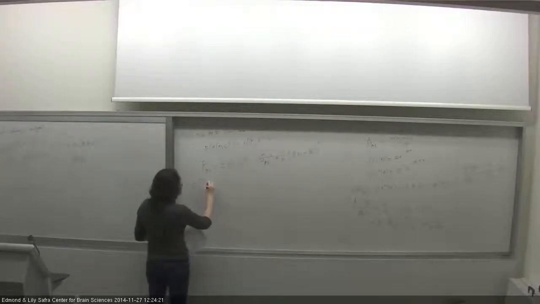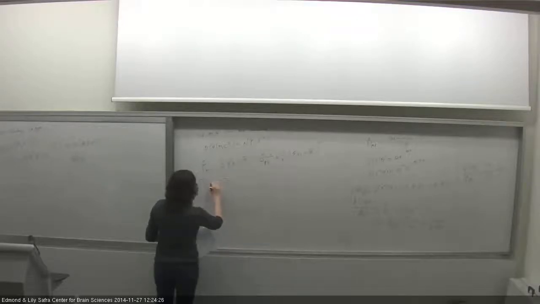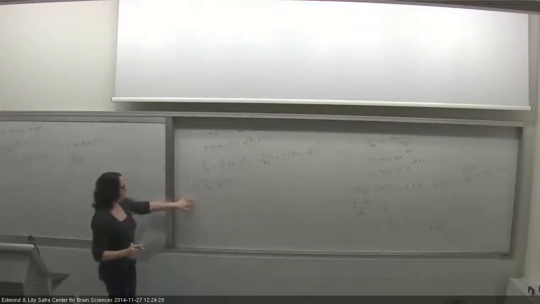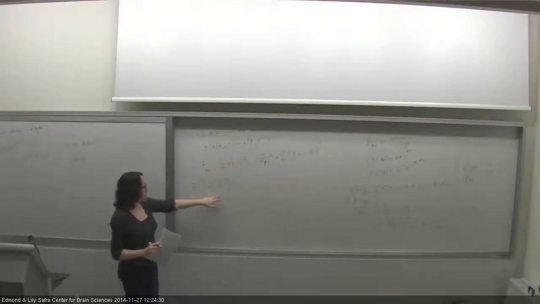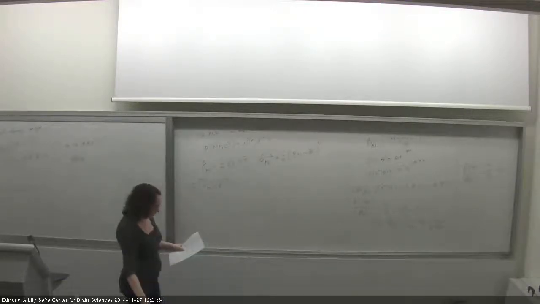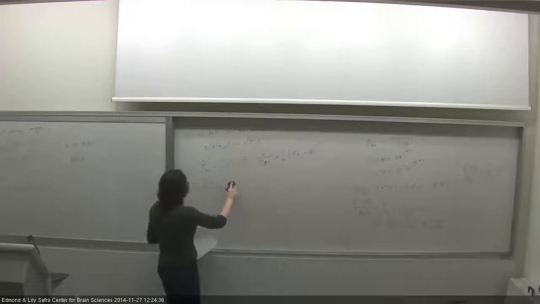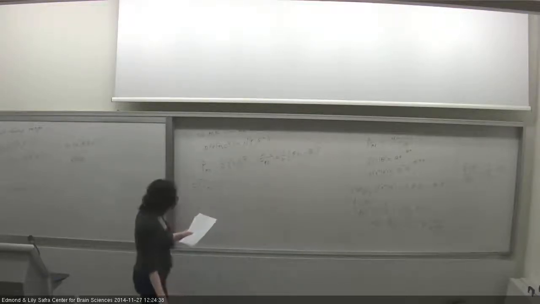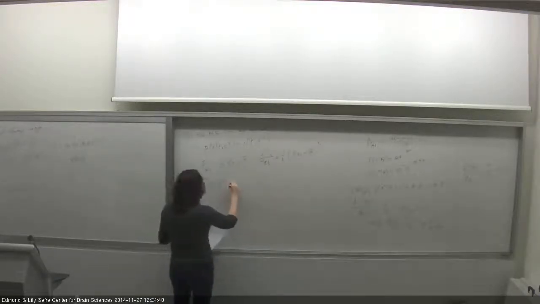We need to find this expectation, right? The bias is the expected value given the true parameters. We should condition here on both parameters.